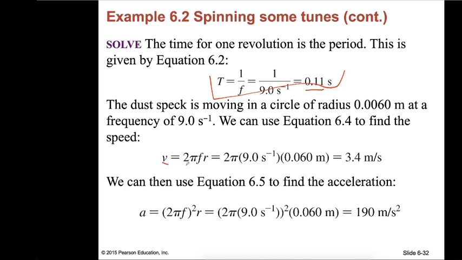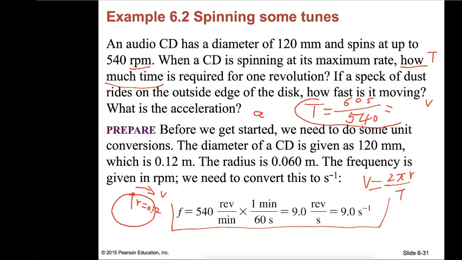So v equals 2 pi r over t, or 2 pi r times f, because 1 over t is f. So finally you will get the answer, 3.4 meters per second.